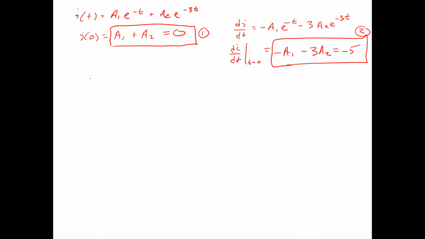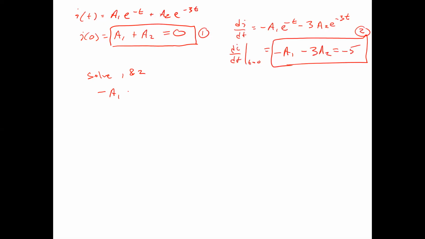So that gives us two equations and two unknowns. We solve for a1 and a2. Well, are we adding them together?